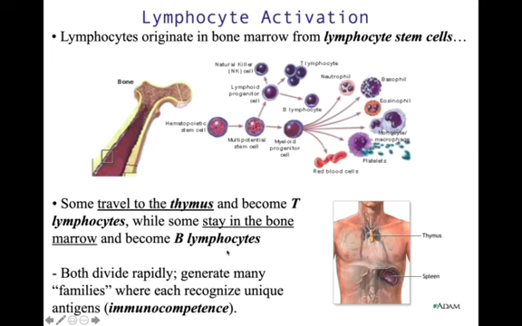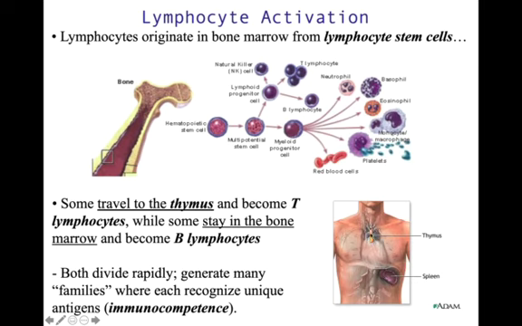B cell. However, let's say you're a lymphoid stem cell, like, yeah, you know, okay, I like the bone marrow. That's where I'm from. Okay, I always rep the bone marrow. But, you know, I want to go other places. So let's say you're a lymphoid stem cell and you now travel to the thymus. Okay, and the thymus you can see is right here.